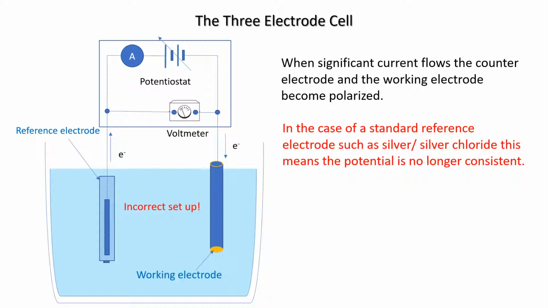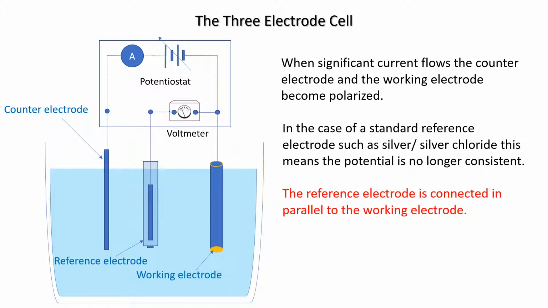Now, in the case of a standard reference electrode such as silver chloride, this means its potential is no longer consistent. To avoid this, the working electrode and the reference electrode are connected in parallel through the potentiometer or the voltmeter, and the bulk of the current then flows between the counter electrode, a third electrode put in to carry the charge, and the working electrode, which is the electrode where the reactions we are interested in are taking place.